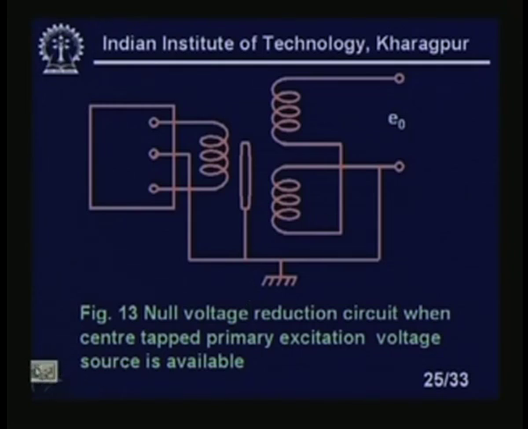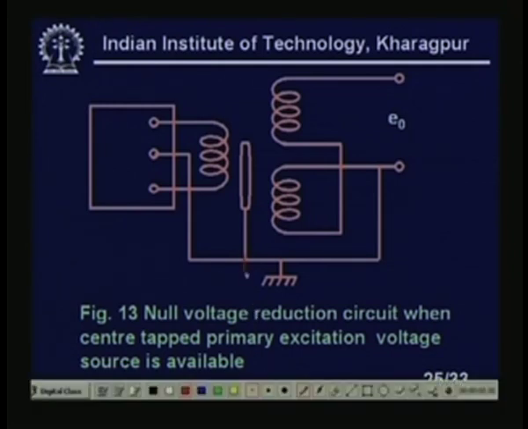It will come out like this, right. The center tap is grounded with the ground of one of the output terminals, and now I am getting outputs. In this case you will find the null voltage will be 0, right.